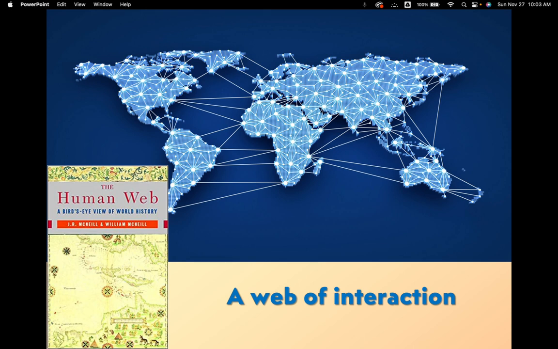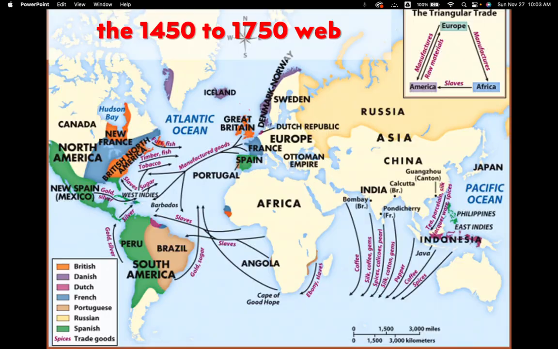Well, we saw this during Unit 2 with the Afro-Eurasian web. Now we have a global web. So between 1450 and 1750, the global web was created simply because the European monarchs created maritime empires.